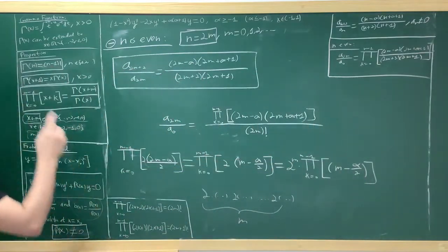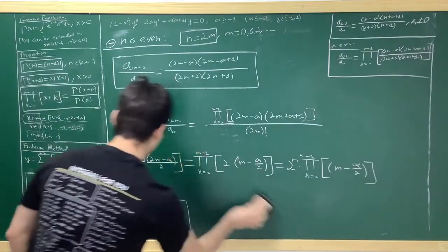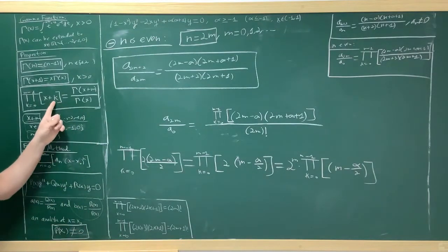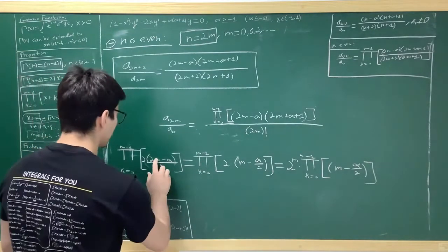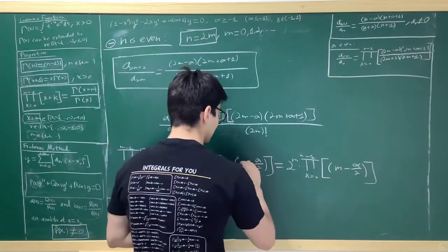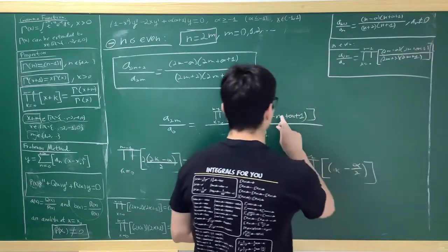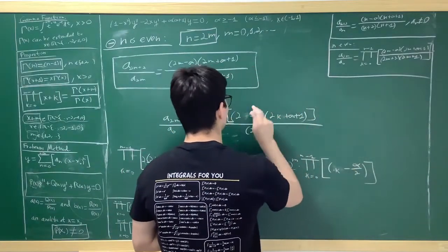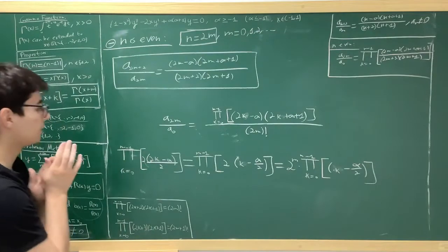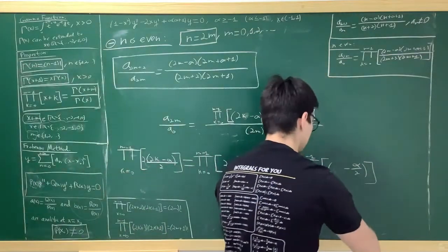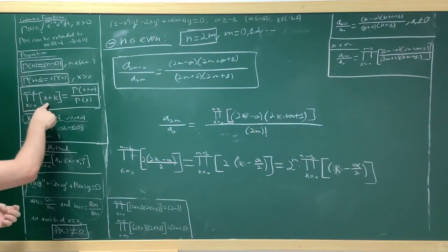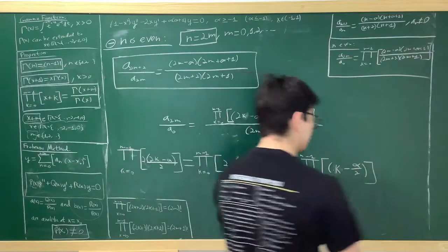What is this product? Well, we can use this property right here. Sorry, this should be a k. Don't get mistaken here. This is a k, this is a k, this is a k, and this is a k. I forgot to change the index, but it doesn't matter, it's just a k. So in this case, this is the same as this. But notice that we have to call x equal to minus alpha over 2.